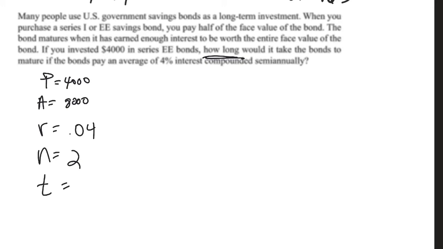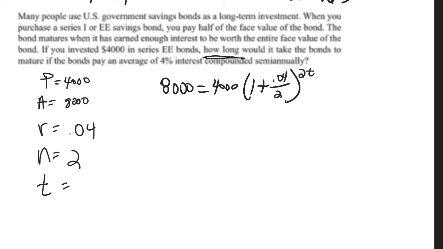So we're going to use our formula. We're plugging in 8,000 for A, and I'm going to have to improve my handwriting. 8,000 for A, 4,000 for P. 1 plus 0.04 over 2 raised to the power of 2t.